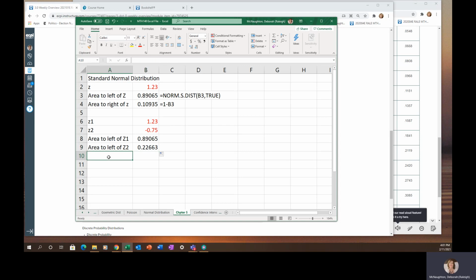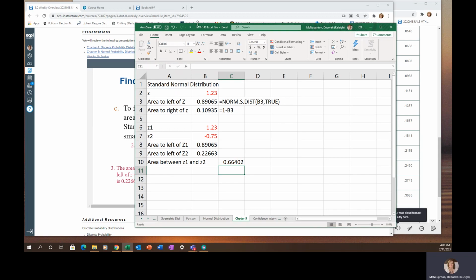And then the area between Z1 and Z2 is just this area minus this area. So this is how we would find those areas using Excel.